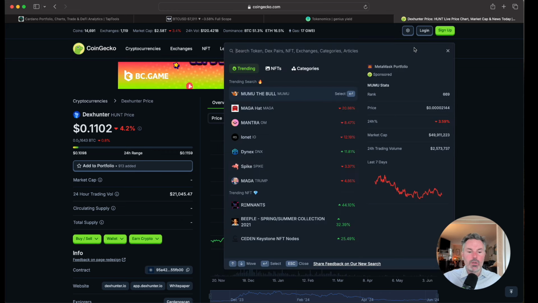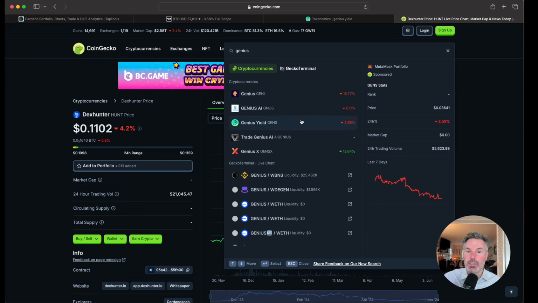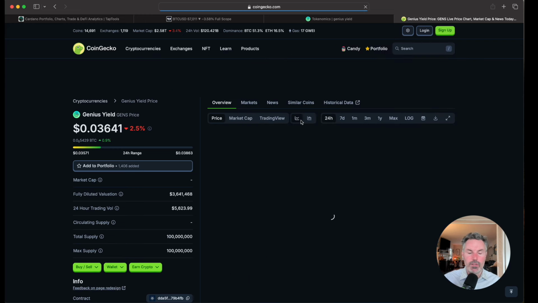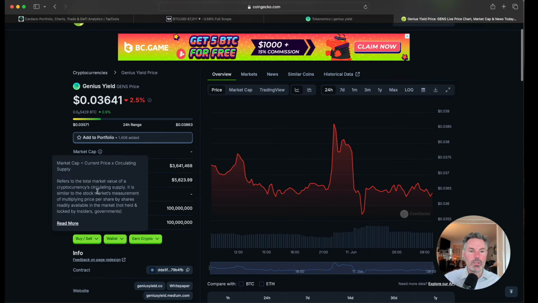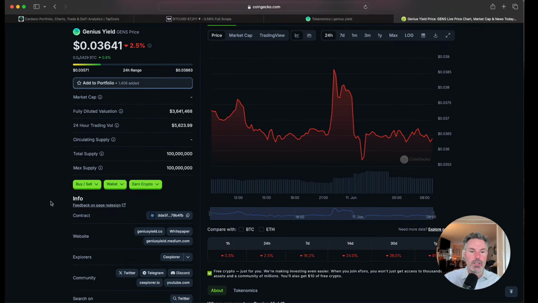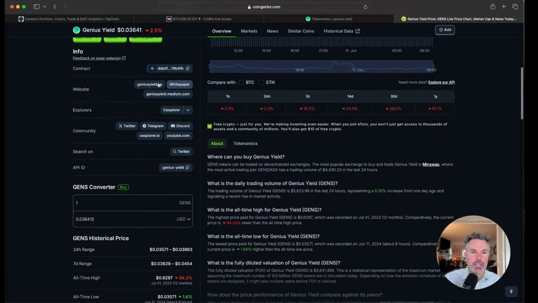Now, what I want to show you with Genius Yield, which is what I'm profiling right now personally, amongst many others, is another resource with CoinGecko. As you go down here, it gives you the website and all that. It's really nice. CoinGecko is awesome.